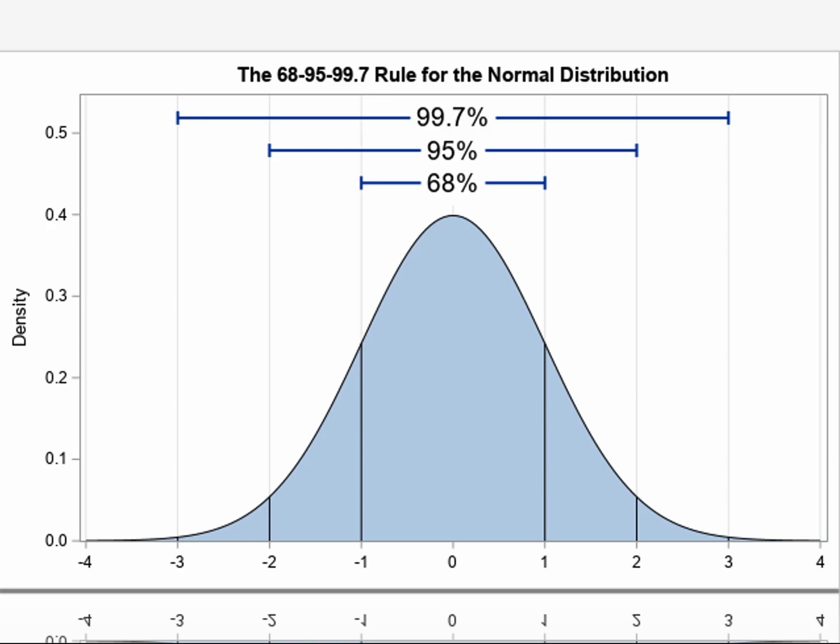It doesn't necessarily exist in real life. But if we took IQ scores of people in the United States, as you get more and more people with their IQ score, you would expect the graph that results to approach what looks like the normal distribution.